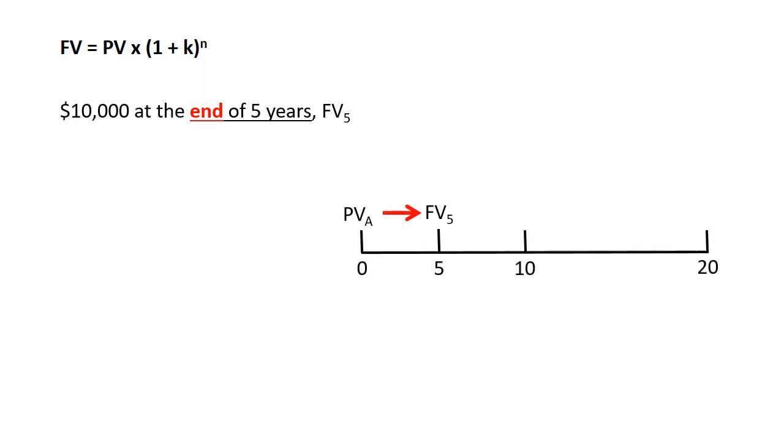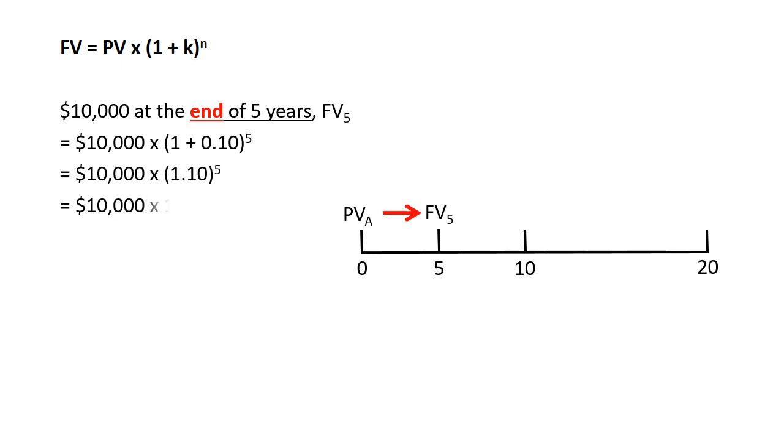Look at the timeline. We're looking at future value at the end of 5 years. So it's 10K times (1 plus 0.1) to the power of 5.